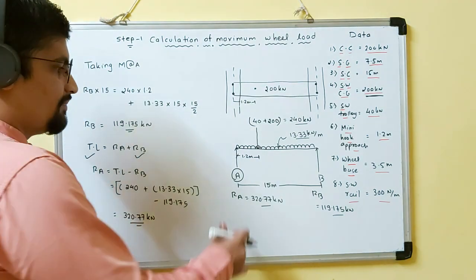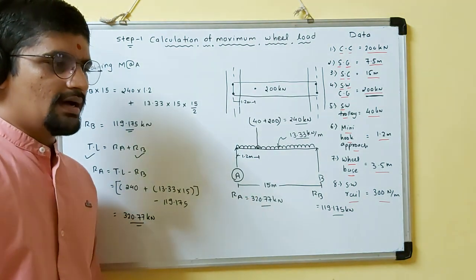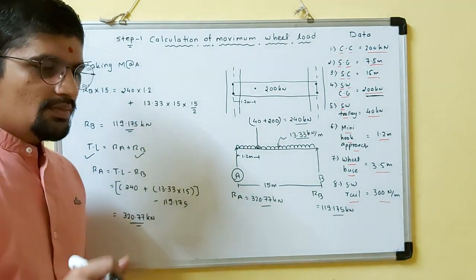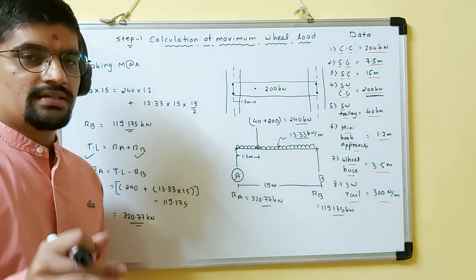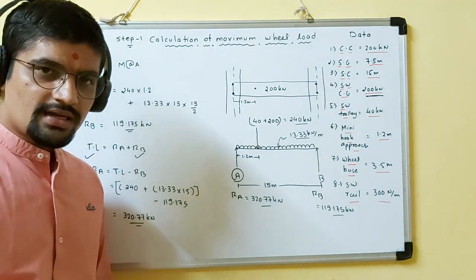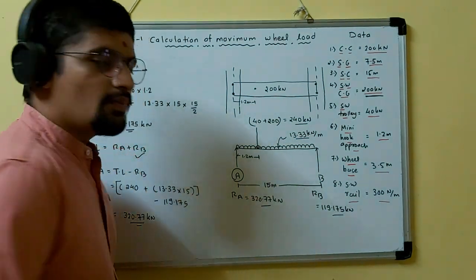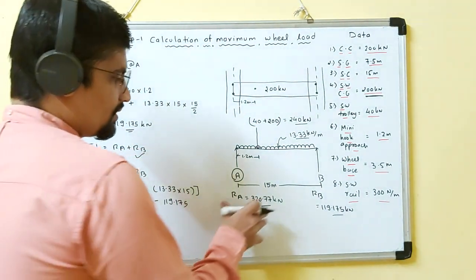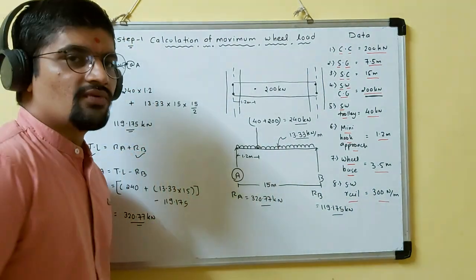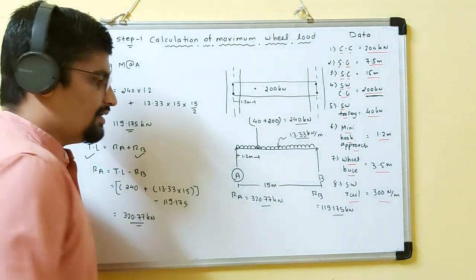This is the basic principle: the section is selected on the basis of the maximum reaction. From these two, the maximum is 320.77, so this reaction will be considered for the calculation of the gantry girder.